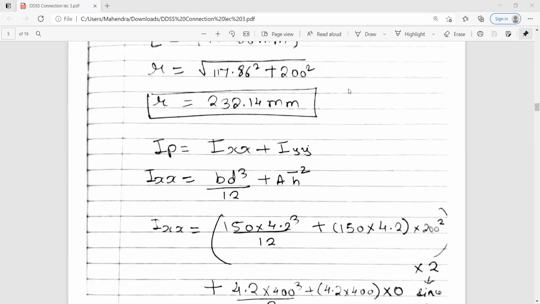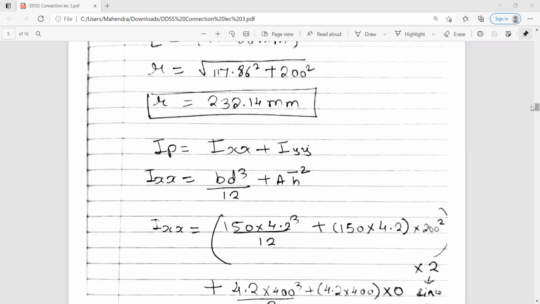Okay, everyone had calculated till R. Should I proceed with the IP, that is moment of inertia? Yes, everyone had done up till here. Should I proceed with the next step? Yes, ma'am. Okay.